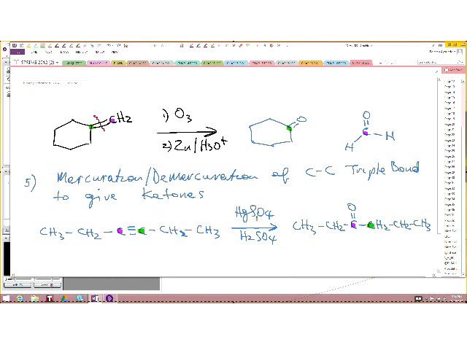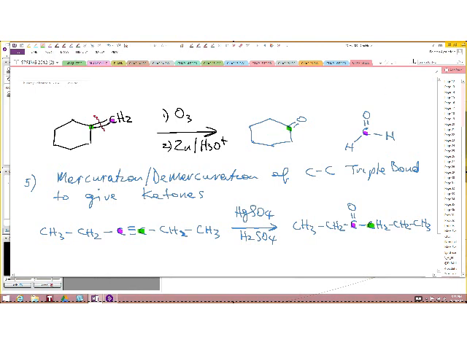That is what this reagent will do with a carbon-carbon triple bond. Yes, Adeline? Yes, in this case, since we are starting with a symmetrical molecule, I did that on purpose, you could have the carbonyl on this carbon here and the CH2 on this here. But if you do not have a symmetrical molecule, you are going to get a mixture of ketones. You follow that? Okay.